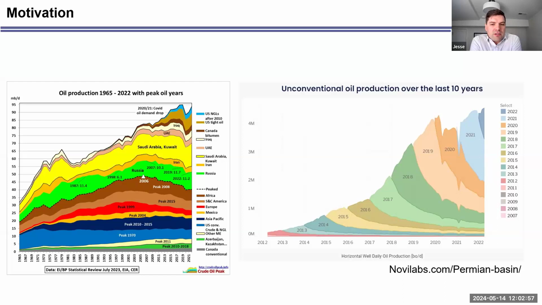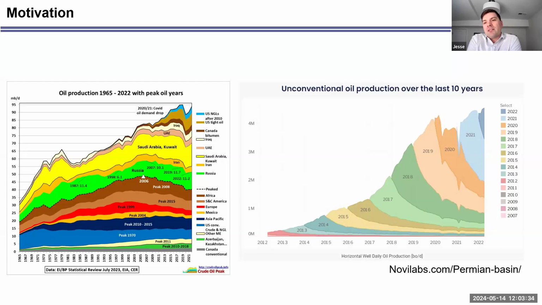So here I have a couple charts. On the left, starting in 1965 through 2022, we have various types of oil production that, for some of these, have already seen peak oil production. This is almost all conventionals in specific countries that have seen peak oil production. But then right at the end, you start to see the US tight oil at the very top come in, in the light brown.